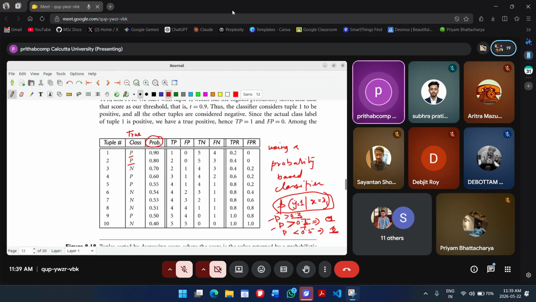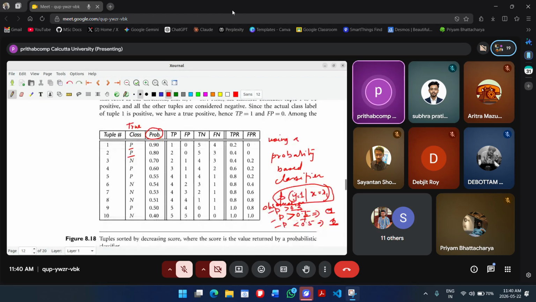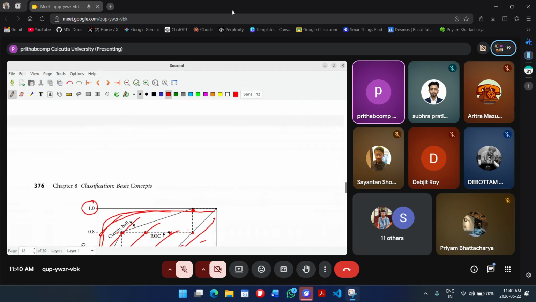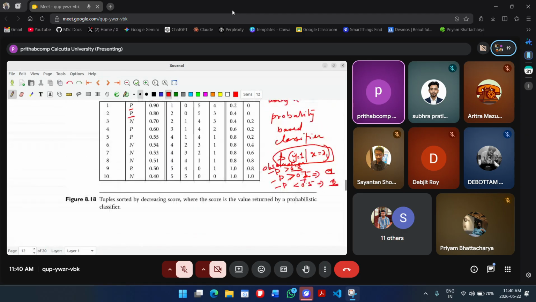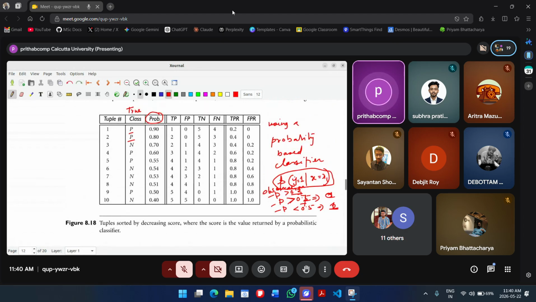So these are the different observation points I was talking about in that graph. All the points that we are putting in, depending on what probability threshold I am choosing, I am getting different TPR and FPR rates, and I am plotting that over here in the ROC curve. Now, in order to do that systematically, how will you do it?